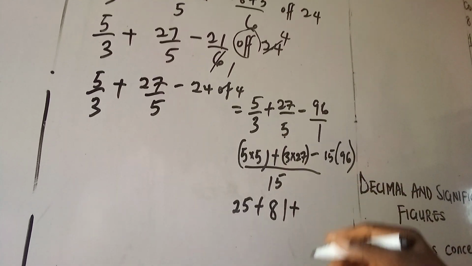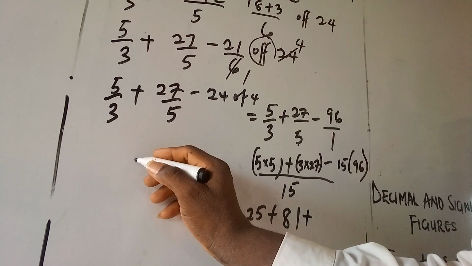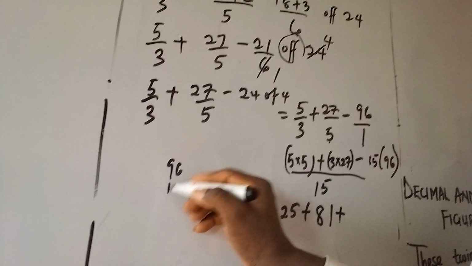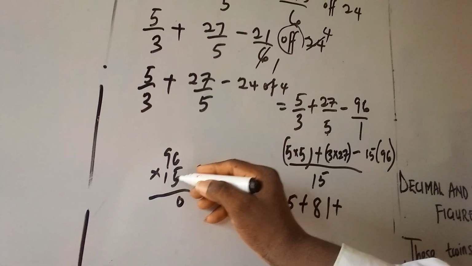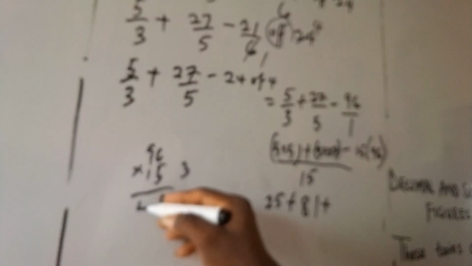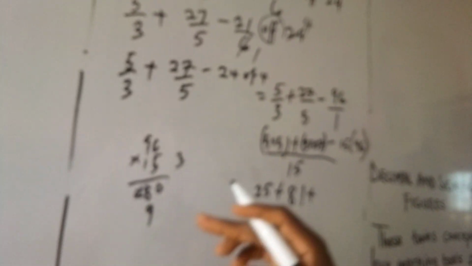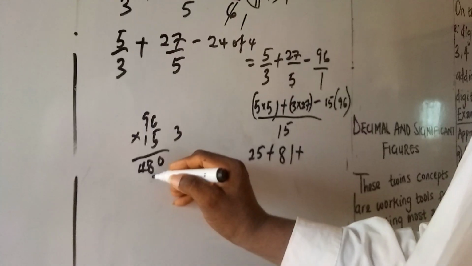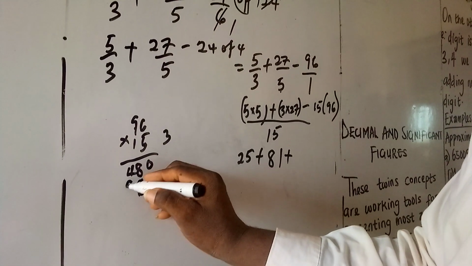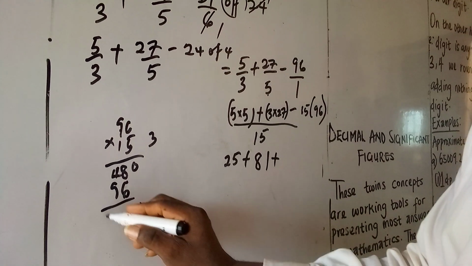Plus 15 times 96. 15 times 96, okay? 5 times 6 is 30, carry 3, that's 45, 48, then 9, then 1 times 6 and 9. So that gives me 0, 4, 10, 14.